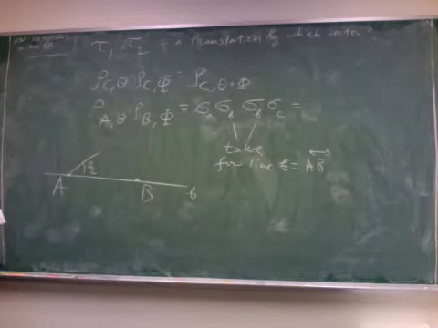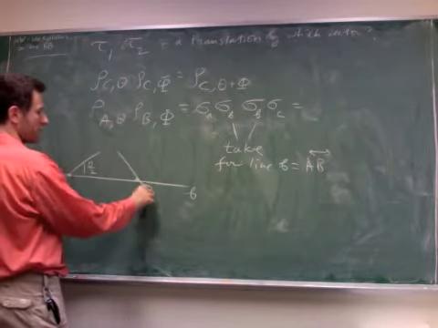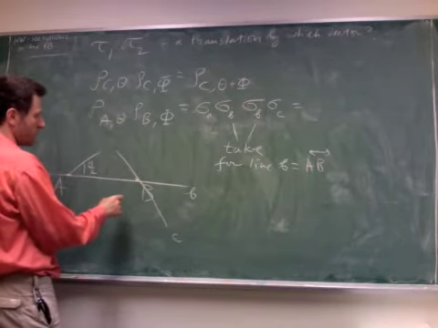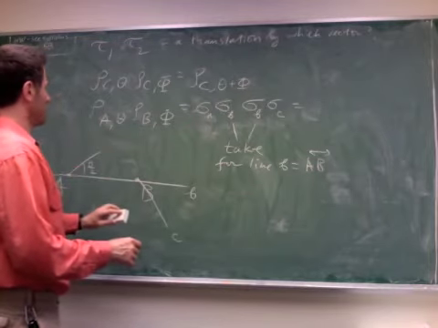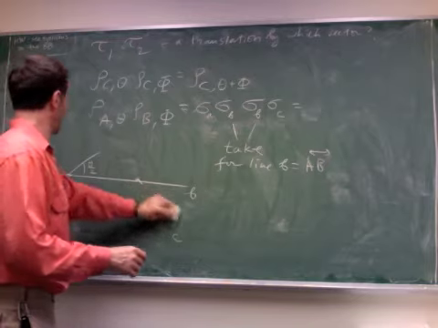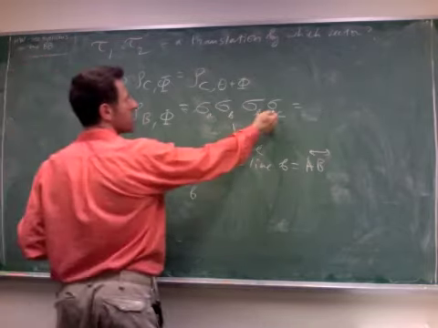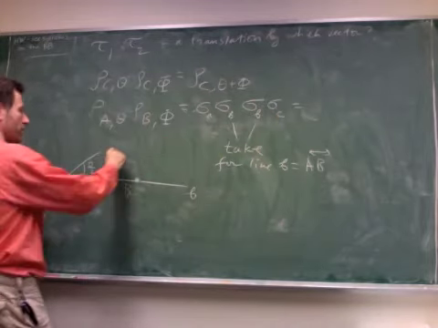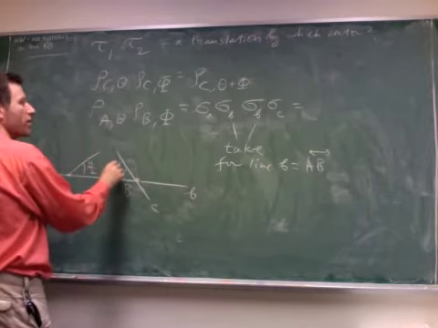So we have to construct something from B to C. Let's say this is line C, and from C to B, since C comes first and B comes second, we go by phi over 2.